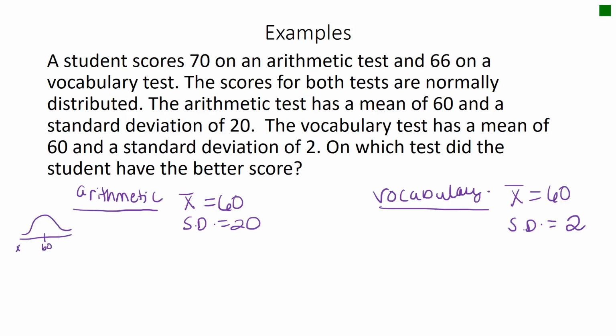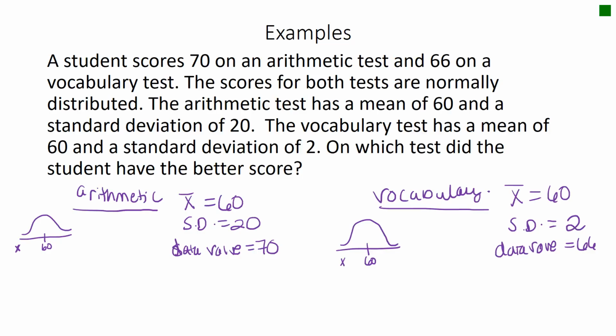So this is your x. So the score, the data value that we are interested in, is 70 on the arithmetic test and 66 on the vocabulary test.